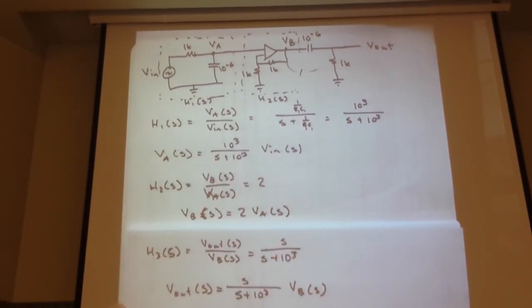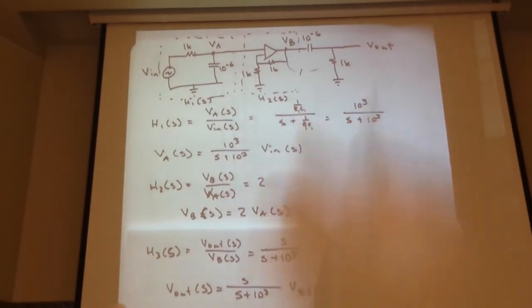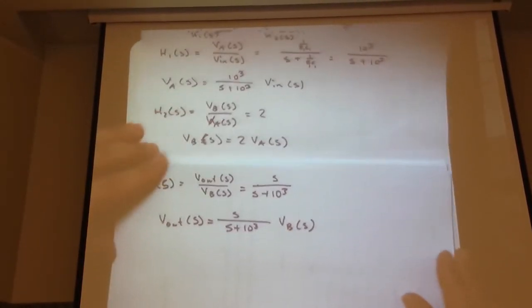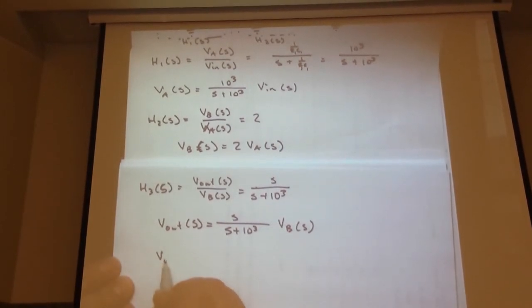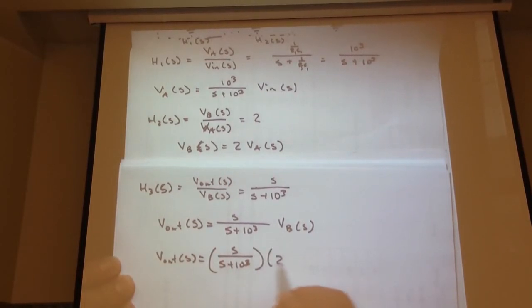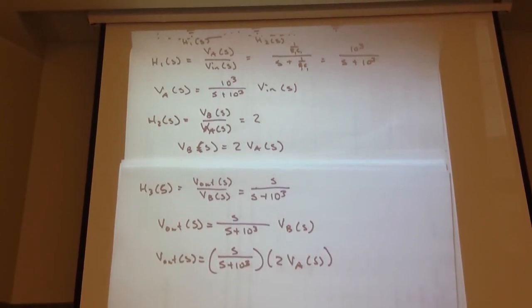Well, we can go back and do substitution. I mean, ignoring our transfer functions for a moment. Well, we know VB is 2 times VA of S. So we can rewrite V out of S equals S over S plus 10 to the 3, put that in parentheses, times 2 VA of S. Right? Let's just substitute in our expression for VB in terms of VA. No problem.